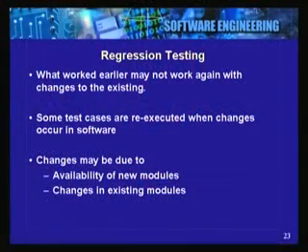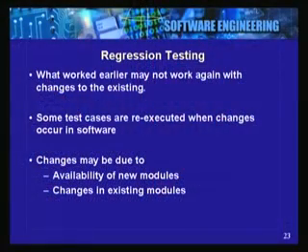There is another important testing strategy called regression testing. We see that software undergoes changes. What worked earlier may not work again with changes to the existing software. When we make changes to something that already exists, what we had tested earlier may not work again. So you have to carry out the test cases again if there is any change, and the tested modules depend on what has undergone changes.